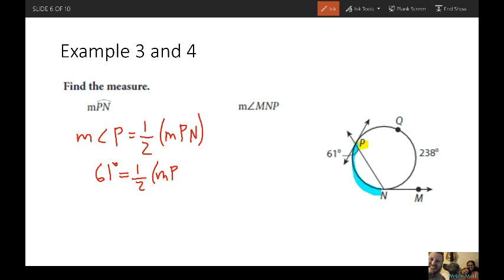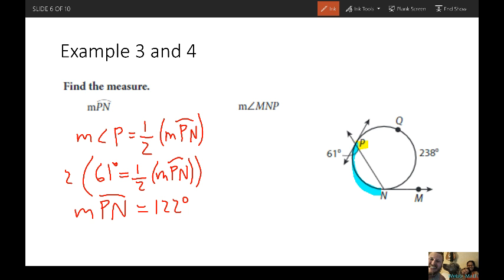Now, how did we get rid of a multiplying 1/2? Or even better, how do you get rid of a dividing 2? Multiply both sides by 2. So your arc, I should probably start doing these curvies. Your arc is going to be, what's 2 times 61? 122 degrees. So that's how you can find the arc there.